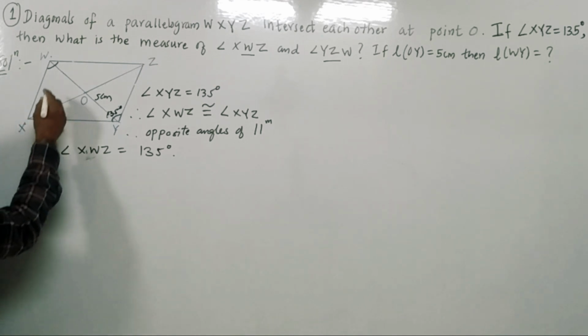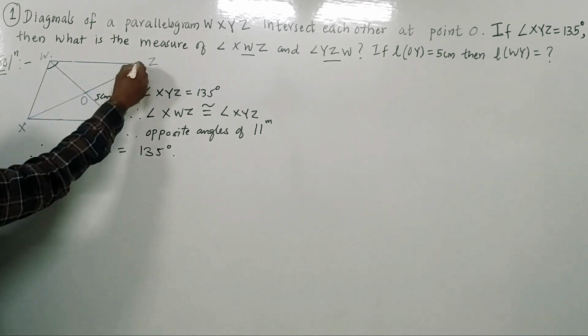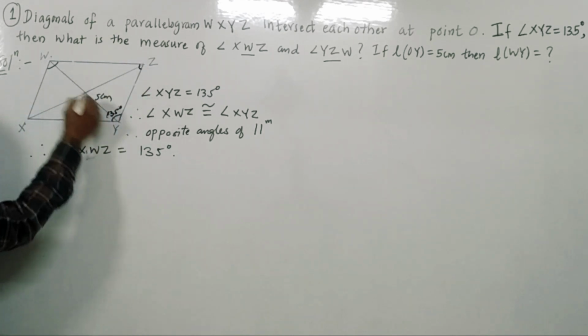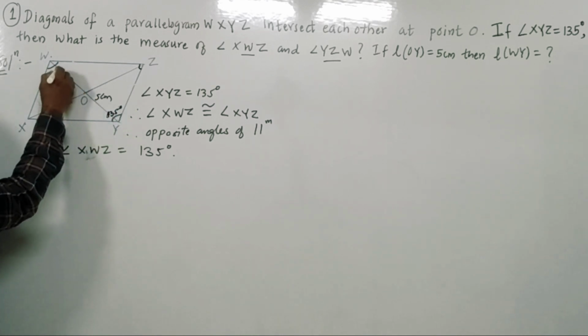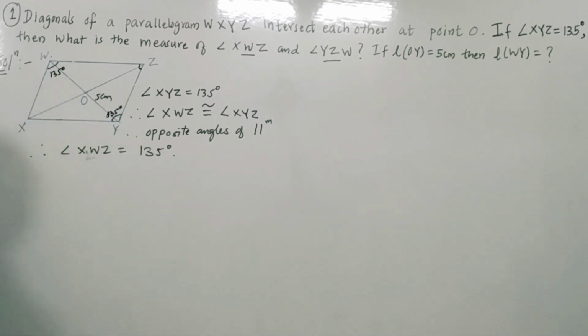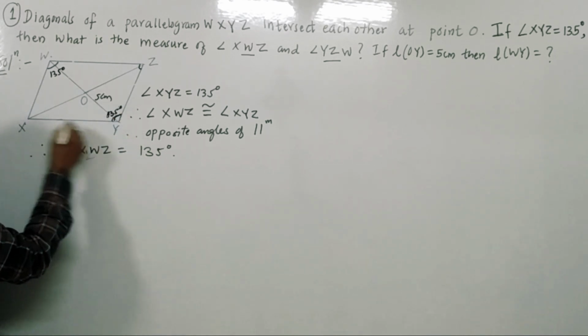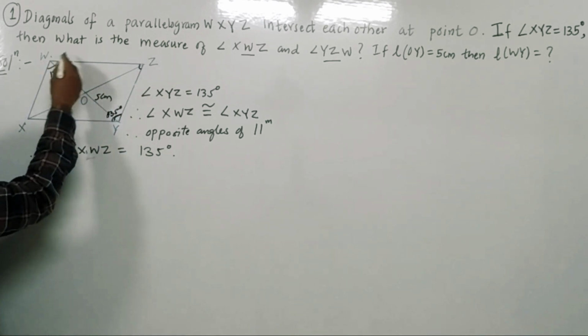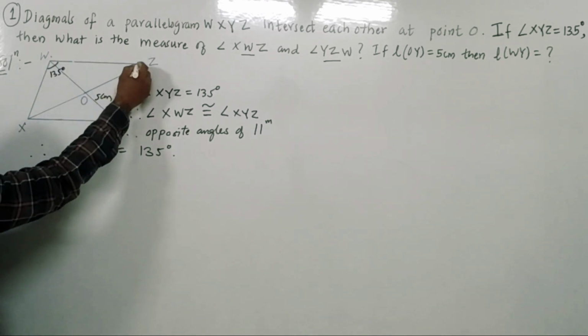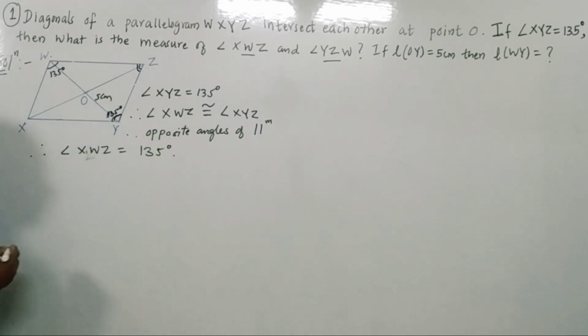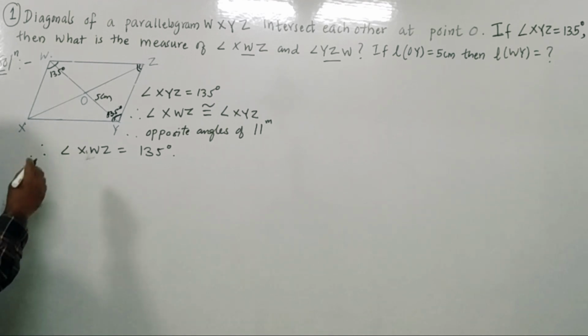Now angle XYZ and angle YZW are adjacent angles. Opposite angles are equal, so now by the property of the parallelogram, adjacent angles of a parallelogram are supplementary.